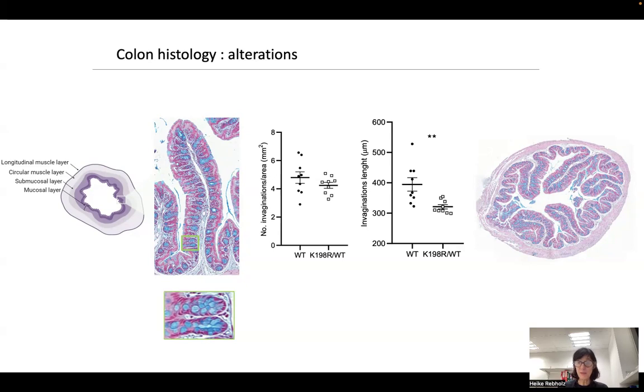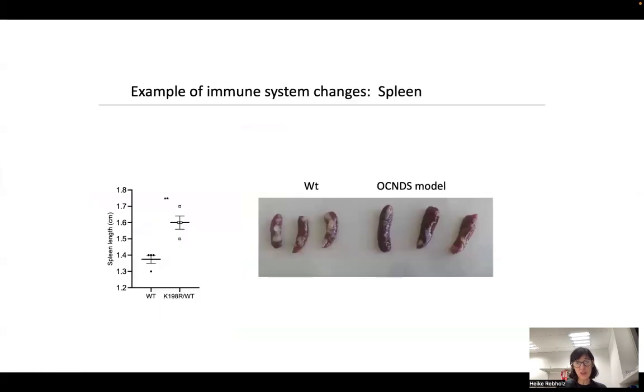It wants to absorb a maximum of food, and therefore we have these villi, these invaginations, and we see on a morphological level that there are changes, and also in the amount of mucosa-producing cells, which could have something to do with generating constipation or stool of maybe not ideal consistency, for example. So we find changes in the number of cells, also in the number of immune cells. All this we're in the process of quantifying.